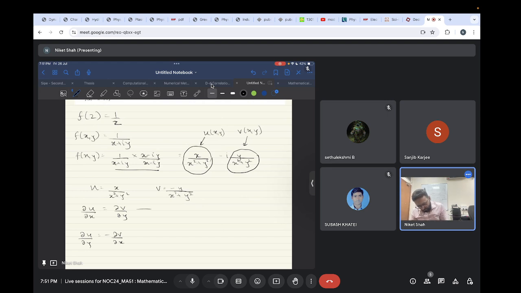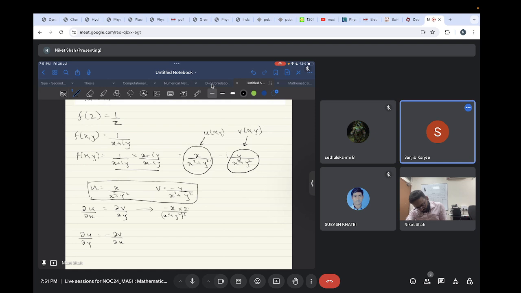So putting that here, using u and v of this form, what I get is del u by del x is minus x divided by x square plus y square, the whole square into 2x, plus 1 divided by x square plus y square. This is my left hand side, and this is equal to del v by del y.